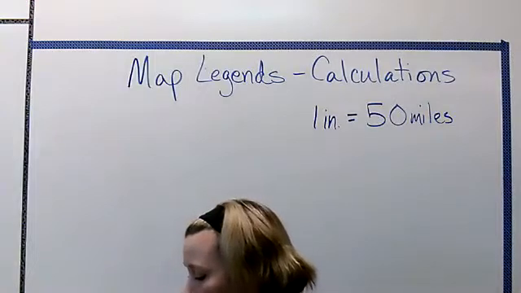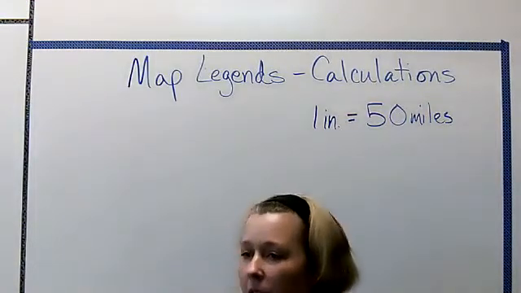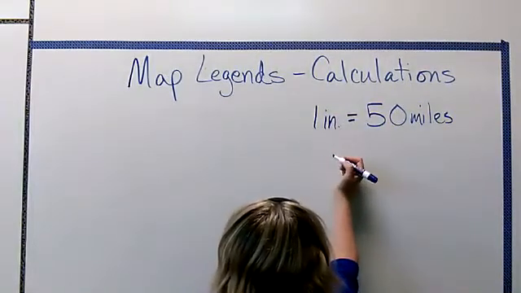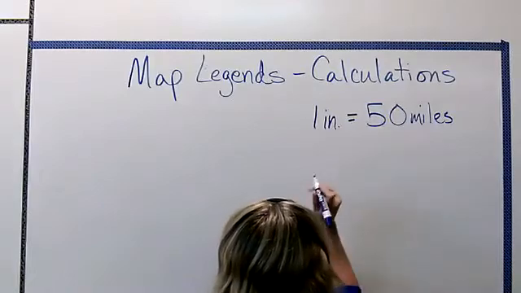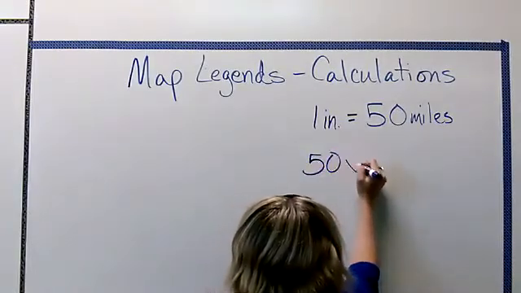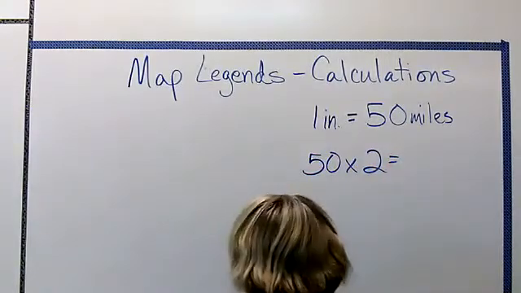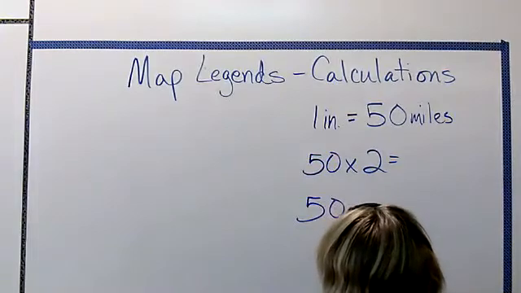Now, number one says, 2 inches on the map equals how many miles? So all we have to do is go, if 1 inch is 50 miles, then we multiply 50 times 2. The easiest way to write this is 50 times 2.